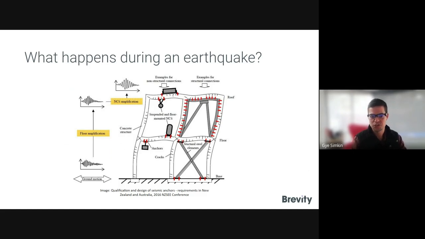So the concrete serves as the anchorage base for these fixings, and those cracks have a significant negative influence on the performance of those anchors, to the point where during an earthquake, a post-installed anchor may actually fail and even fall out in a crack.